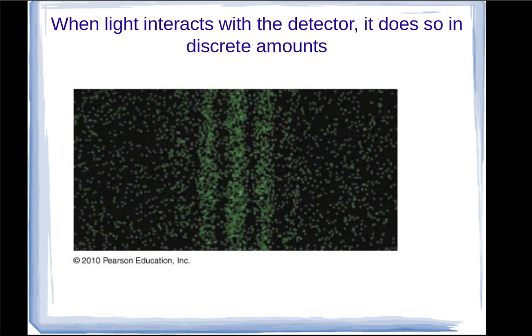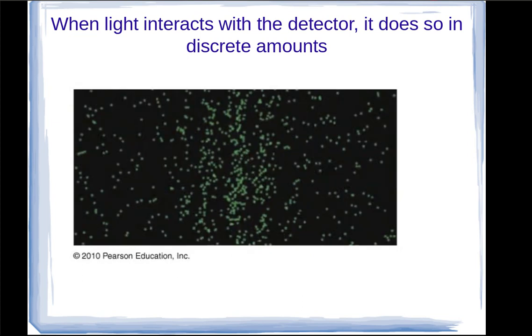What happens is that the light will trigger an effect, creating dots on our detector where light has triggered a detection, and at very low levels you can kind of make out the interference pattern, but kind of not.